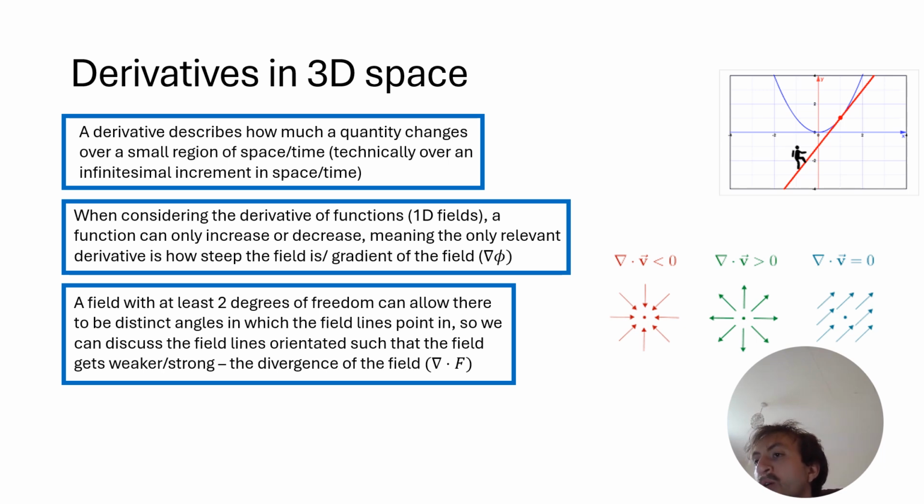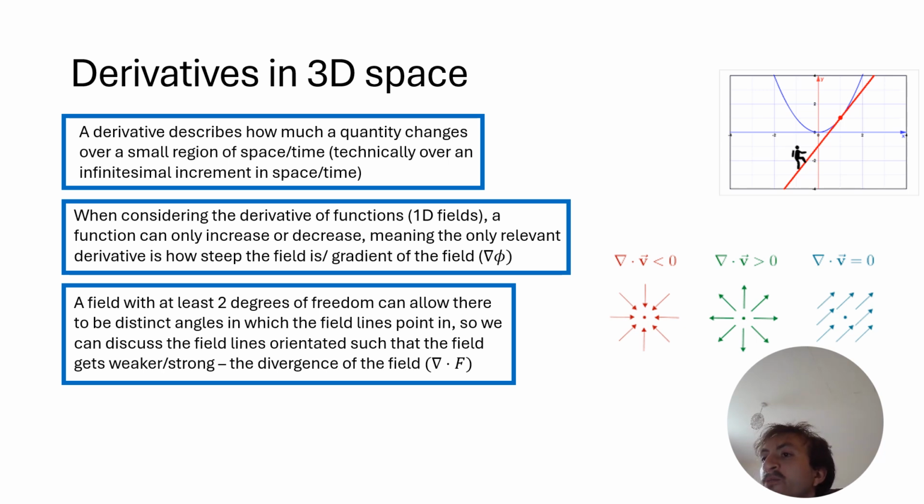Now, the reason why the idea of a divergence wouldn't really make sense for a 1D field is that the output for a 1D field is a single number, and as we said, we can place these single numbers on a number line, so all these numbers just lie along the same line, and therefore the field lines would point in the same direction.